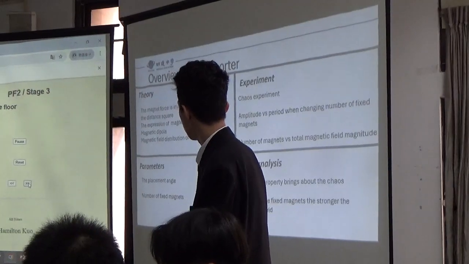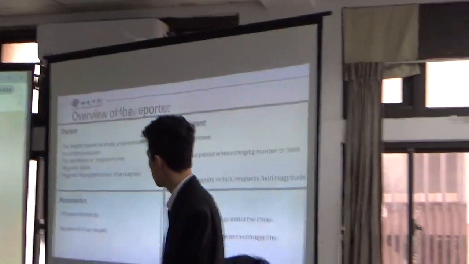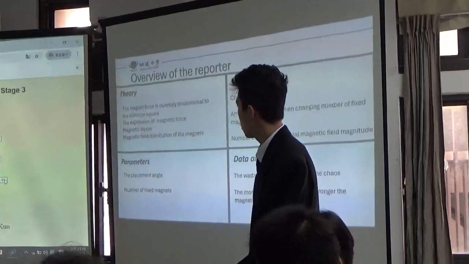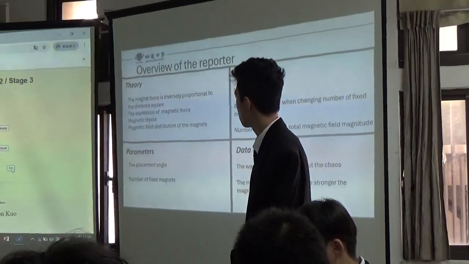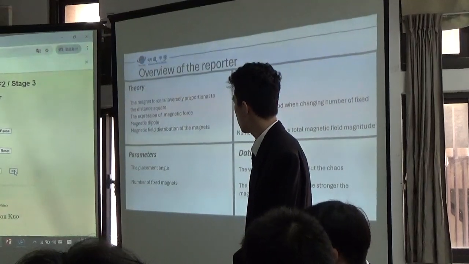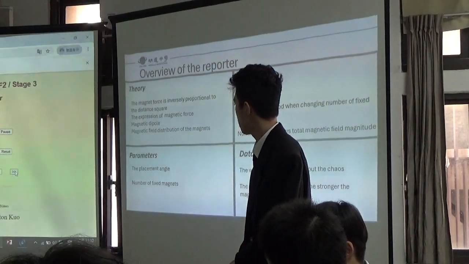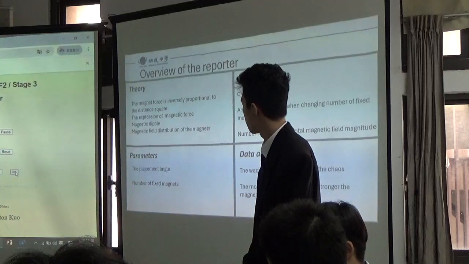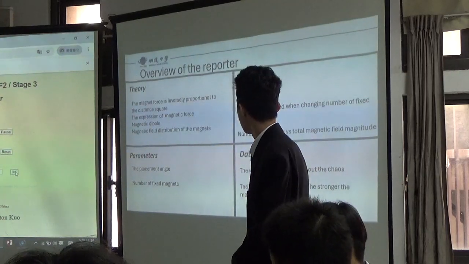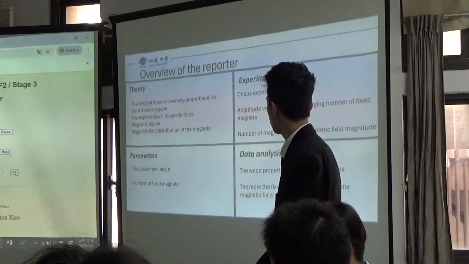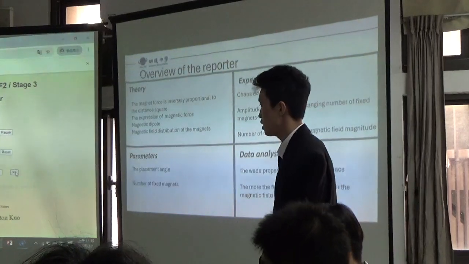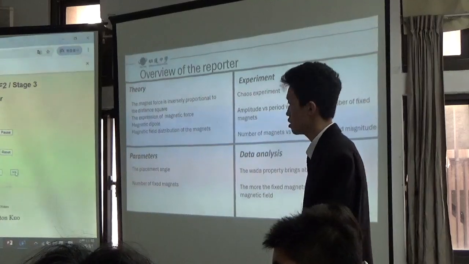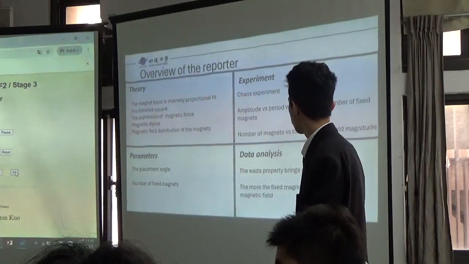Here's the overview of the reporter's presentation. In the theory part, they mentioned that the magnetic force is inversely proportional to the distance squared, and they show the equation expressing the magnetic force. In the experiment, they first do the chaos experiment, and they also investigate the amplitude and the period when changing the number of fixed magnets.